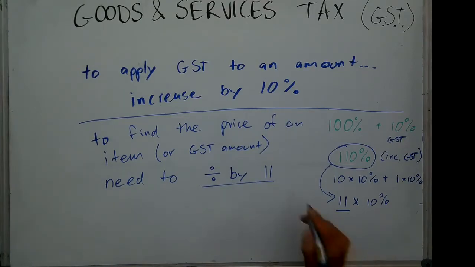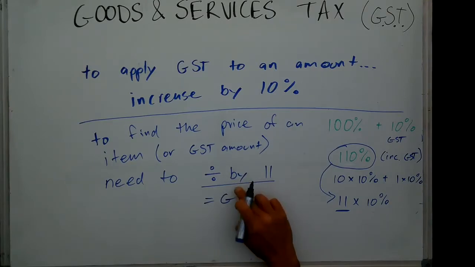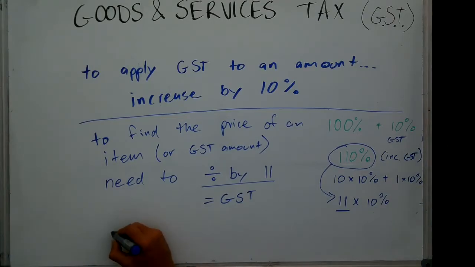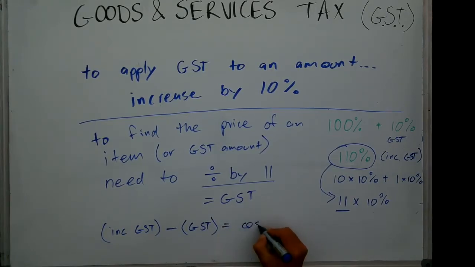That's what this is, and this will tell us the GST. So to find the original price, you take the price that includes GST and take away the GST, which equals the cost. And that's the theory behind it.